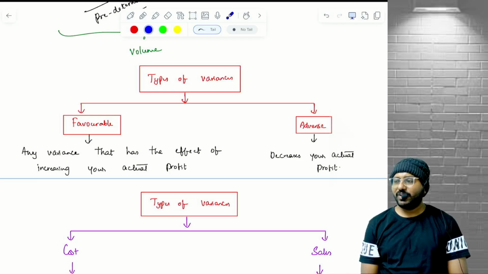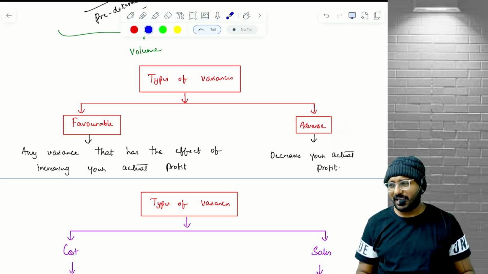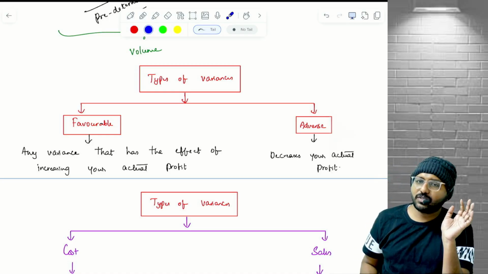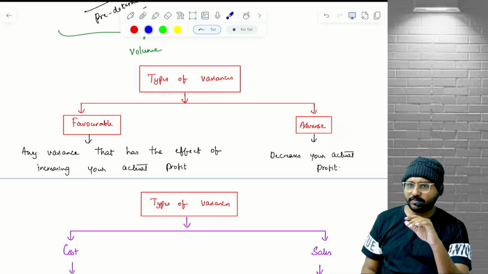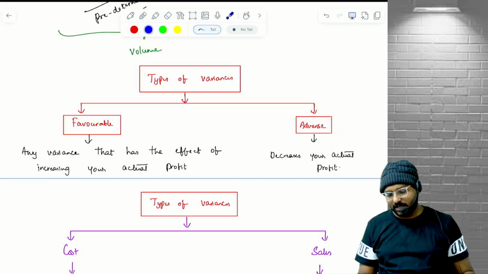So we cannot say that plus is favorable and minus is adverse.